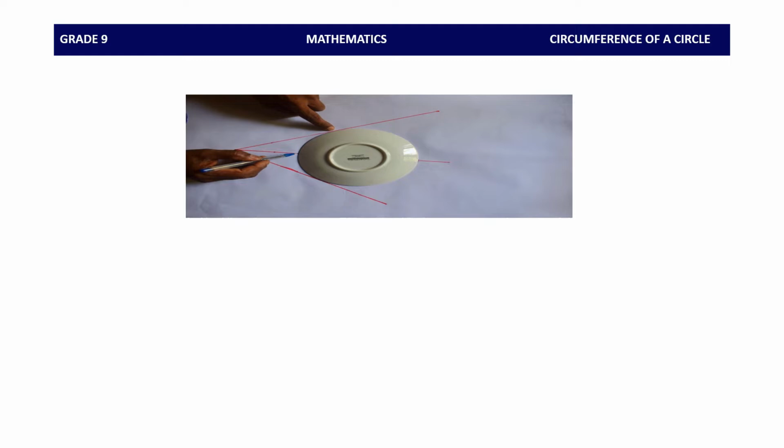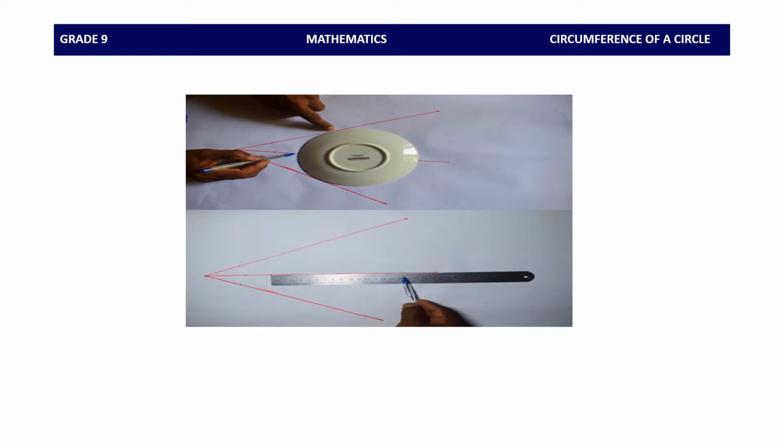Now, mark the two points where the edges of the circle intersect the angle bisector on the Bristol board as shown in the figure. Measure the distance between the above two points and it is the diameter of the circle. As an example, the diameter of the circle given there is 16.4 centimeters.